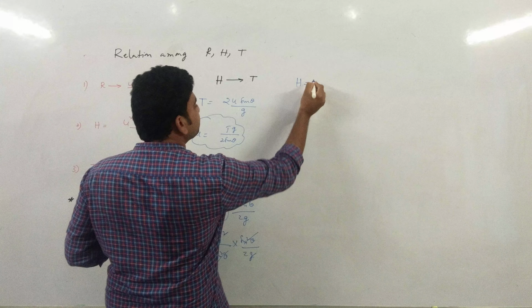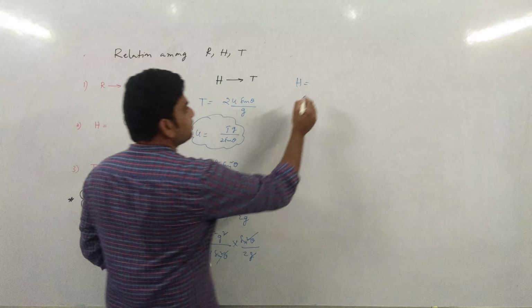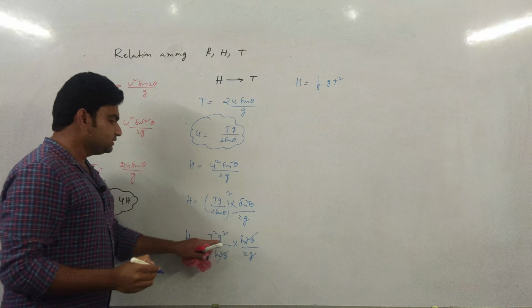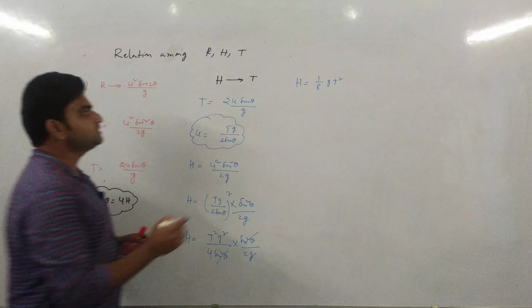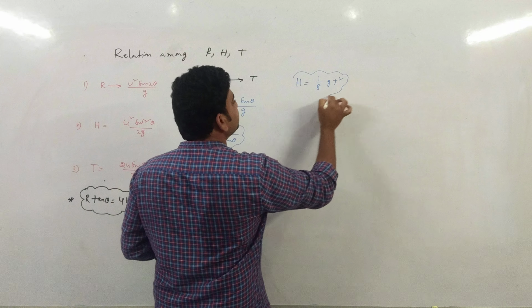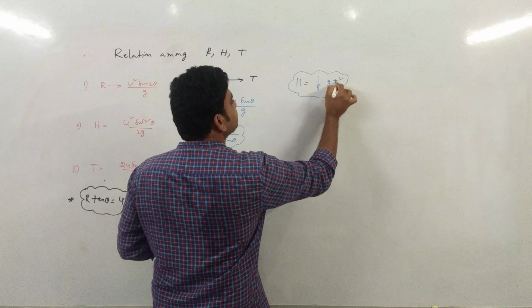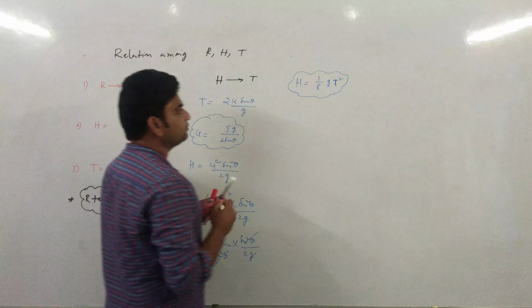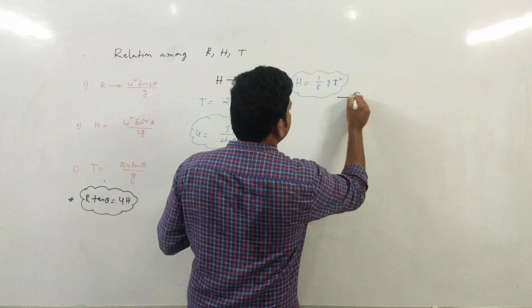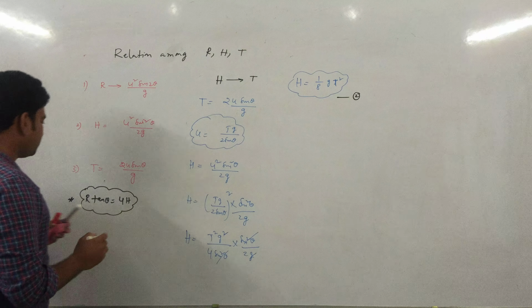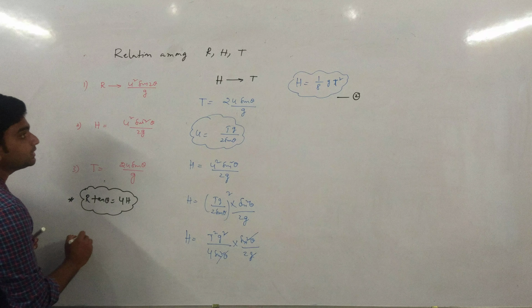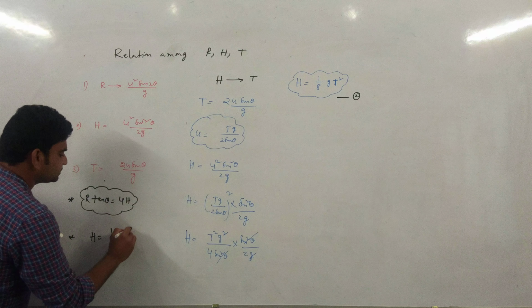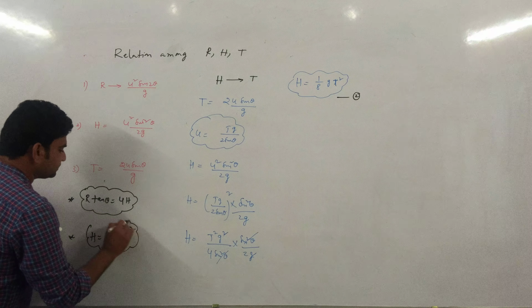From here h equals 1 by 8 times gT square. This is one more relation between my h and T. Let this be equation number 2. So one more equation we got here, that is h equals 1 by 8 gT square.